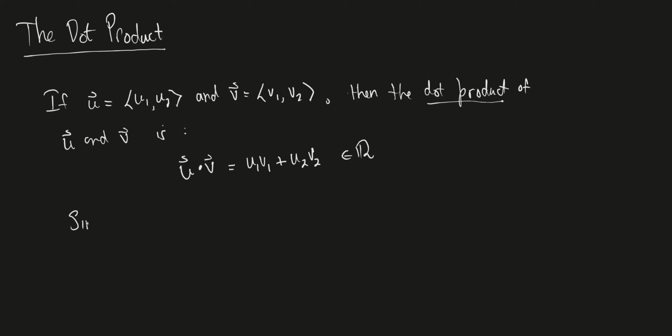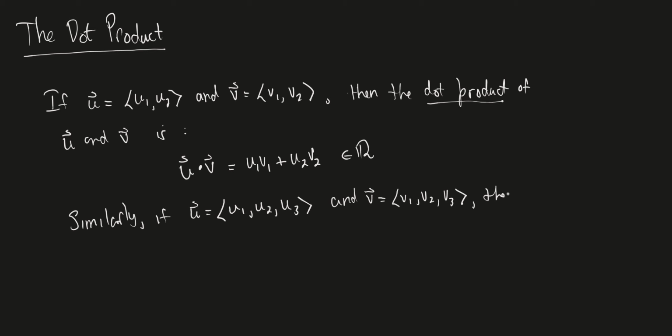And similarly, if we have three-dimensional vectors, with u being u1, u2, u3, the component form of u, and v being v1, v2, v3, then the dot product of these two vectors, you might guess, involves essentially the same operations, but now including the third component.